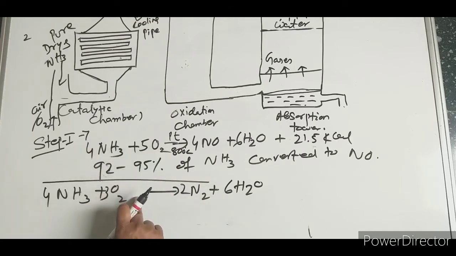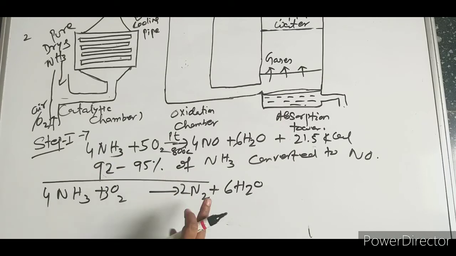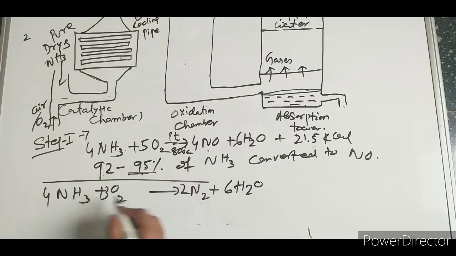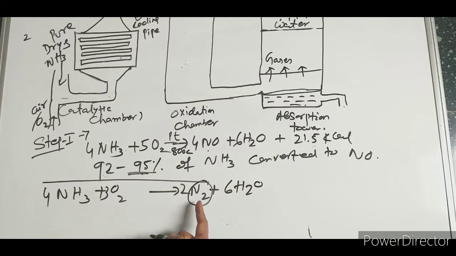Remember, these are the two types of oxidation we have taken. This is the catalytic oxidation, this is the general oxidation. So whatever the rest amount of ammonia, it will not convert to NO, rather it will convert to N2. I hope you understand now. So it will come to N2 and steam. Then I will proceed.